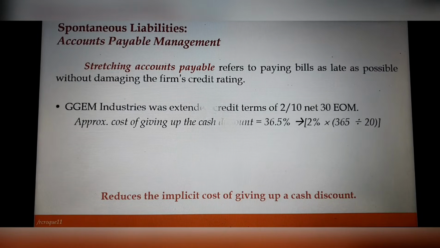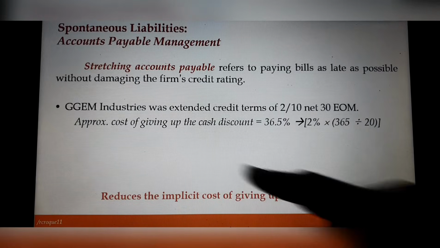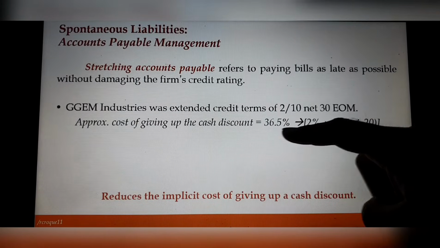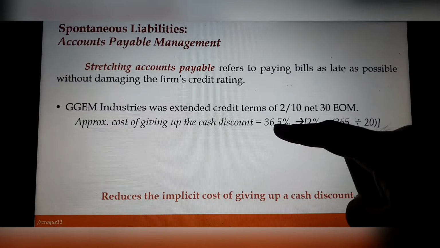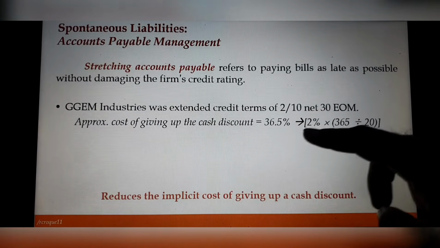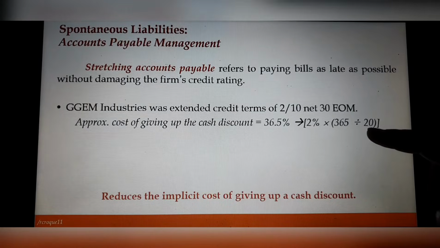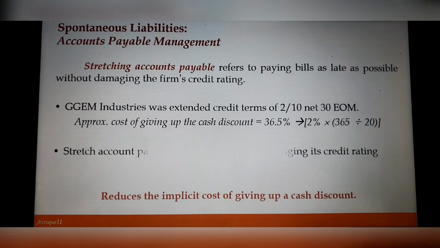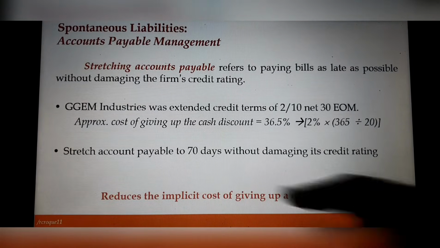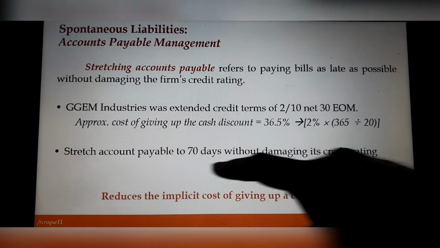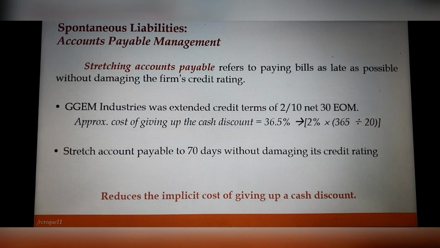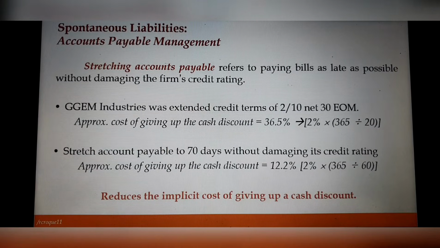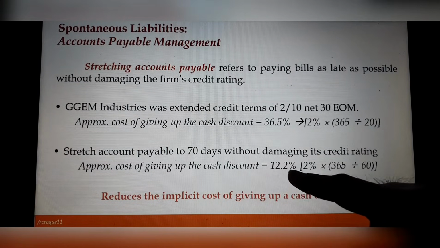So, the approximate cost of giving up the cash discount computed a while ago, for 2/10 net 30 EOM, is 36.5%, or 2 times 365 divided by the 20 days. If, just in case, we stretch the accounts payable to 70 days without damaging its credit rating, the approximate cost of giving up the cash discount becomes 12.2%.